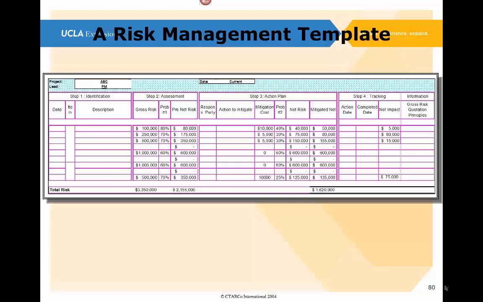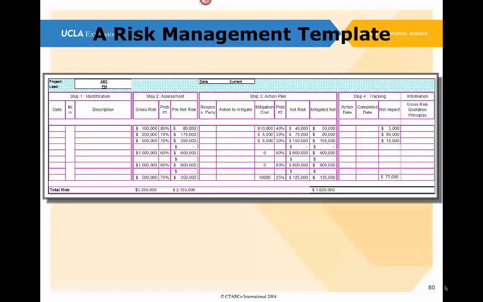And then the fourth section is for tracking that action, that risk element, and then if it were to occur, what is the actual net impact? We can see very clearly by using a very simple, straightforward grid or table like this. It's very easy to have a good perspective on the risks and where they stand.